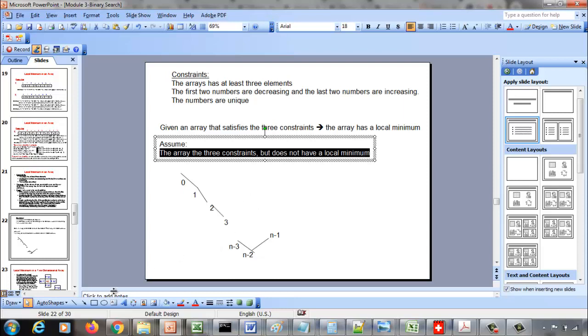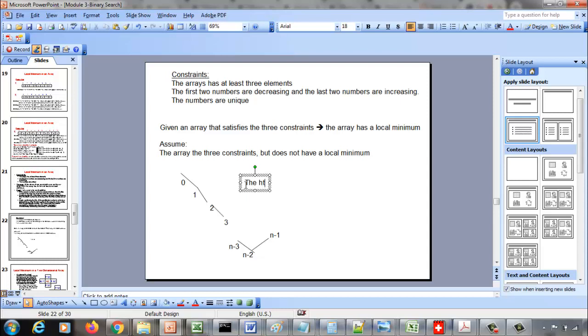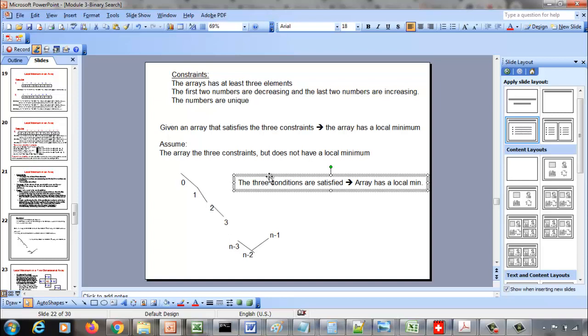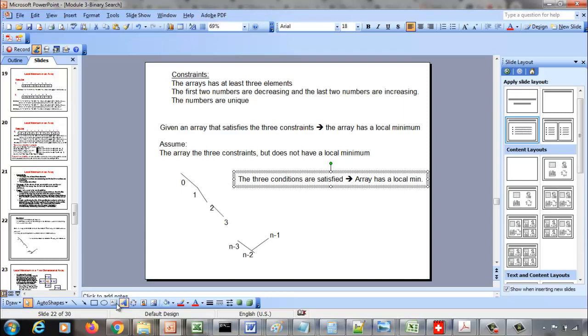So what we have proved is, if the three conditions are satisfied, it implies the array has a local minimum. So this is the kind of property we want to prove. To prove this, we went about it like this: assume the three conditions are satisfied, but the array does not have a local minimum.